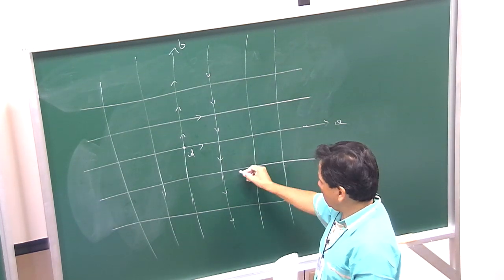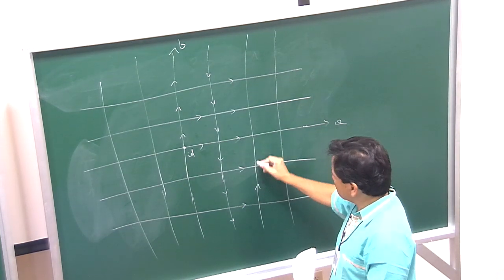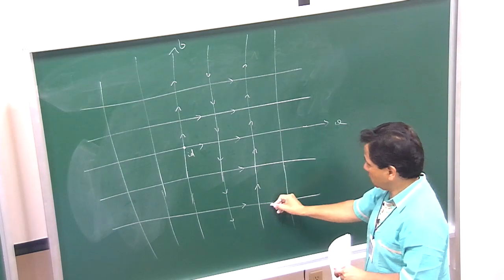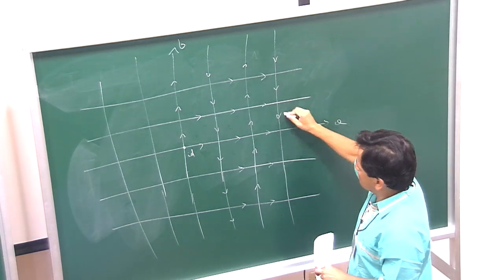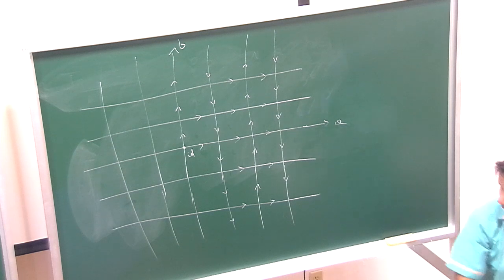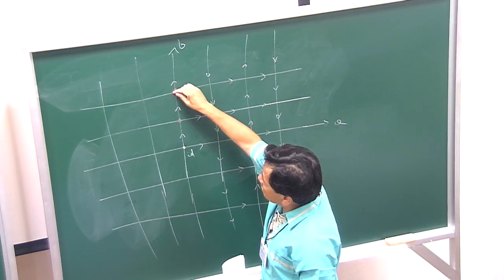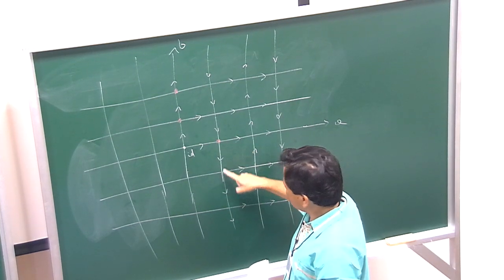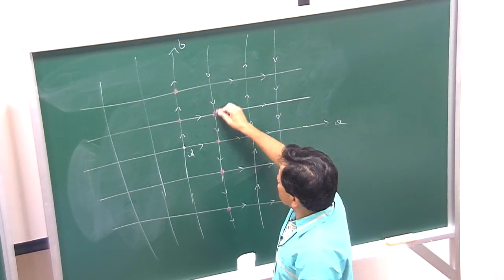A goes to the right always, but then B goes this way. Then A goes to the right, and B goes down. So if you start with the identity and this is B to the square, this is A, this is A, B, this is A, B to the square, and so on.